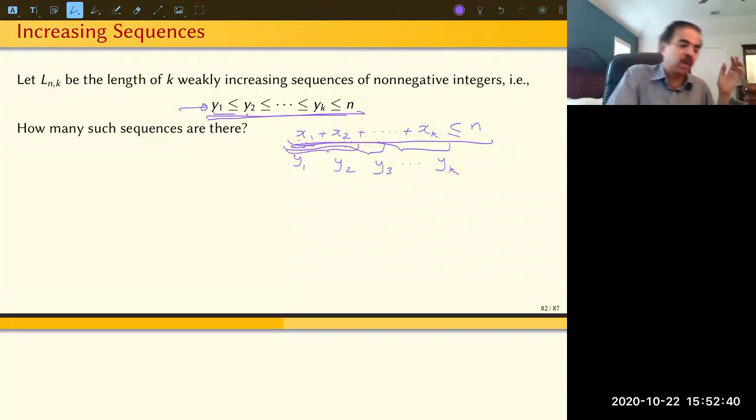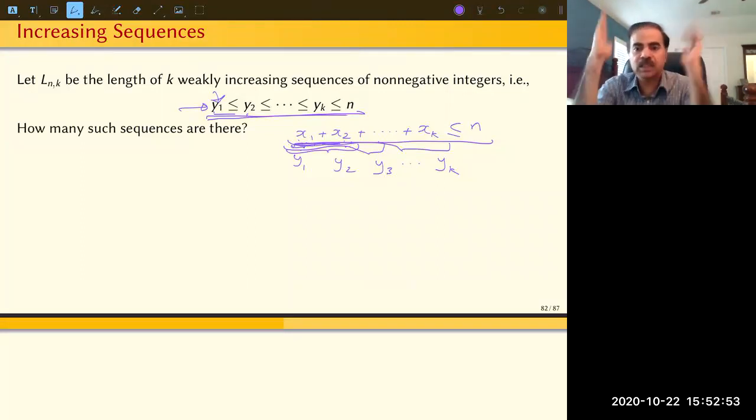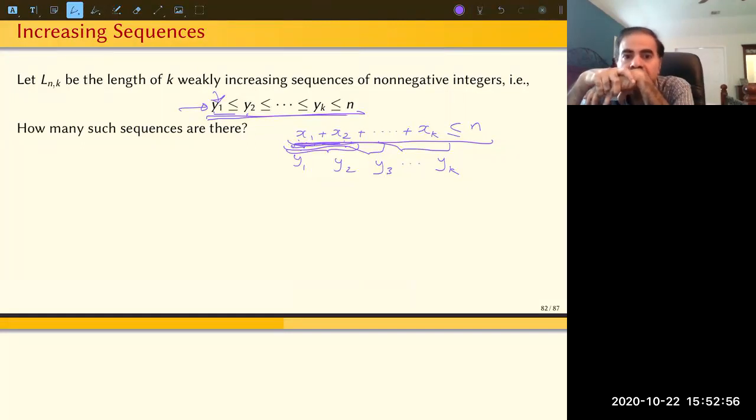So this is always counting the position of the ones from the leftmost edge, whereas when we talk about x1 plus x2 plus x3, those x's are telling you how many zeros are present when we think in terms of the binary string. Okay, so it's just two different ways of looking at the exact same information, and therefore the solutions are exactly the same. Okay.